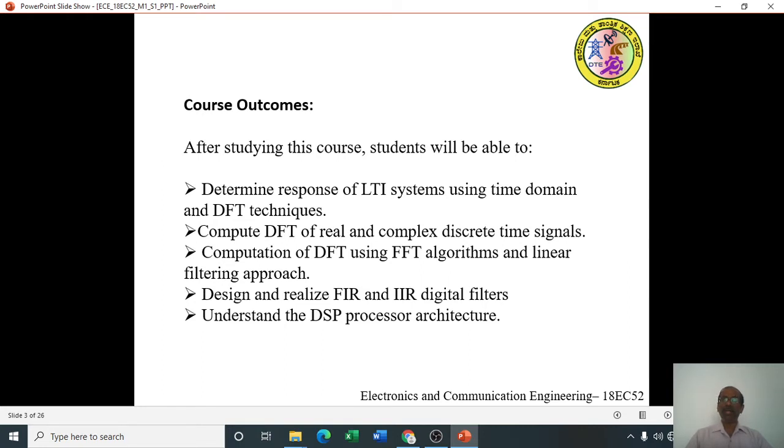How do we reduce number of complex multiplications using FFT algorithm, that is exploiting properties of Twiddle factor. Finally, design and implementation of FIR filters and IIR filters, and also some basic knowledge of DSP processor architectures.